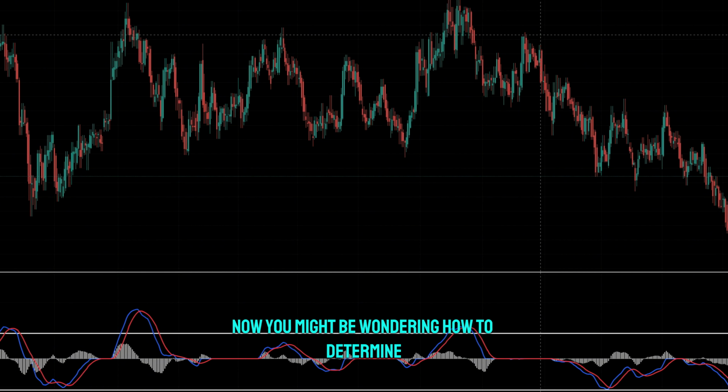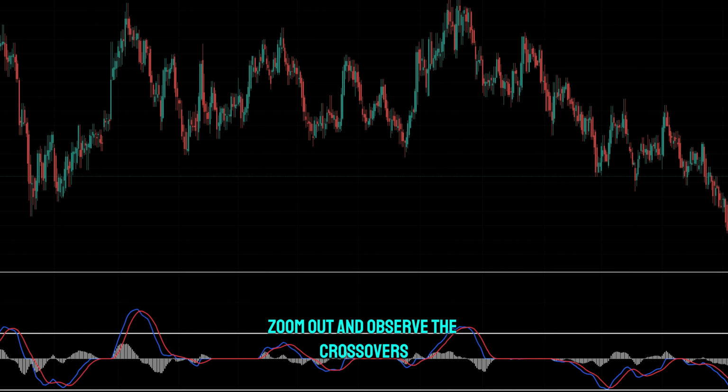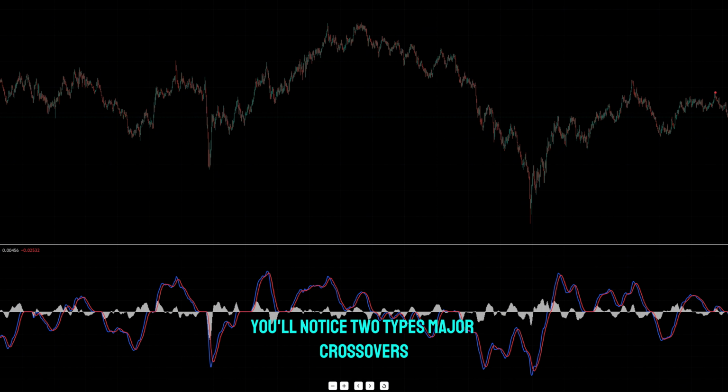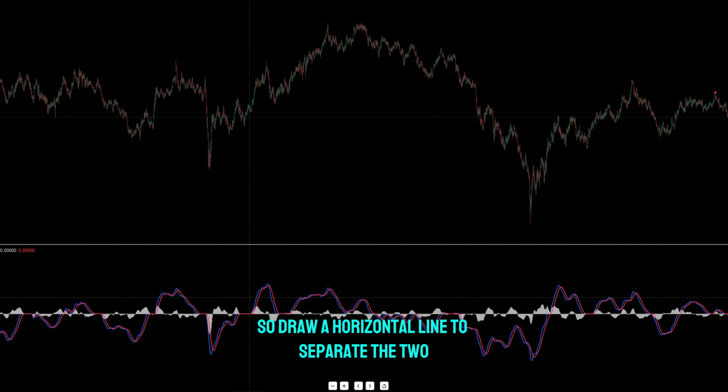Now, you might be wondering how to determine the exact placement of these lines. Here's how. First, zoom out and observe the crossovers. You'll notice 2 types: major crossovers, which happen further from the middle line, and minor crossovers, which occur closer to the middle line. We want to focus on the major crossovers, so draw a horizontal line to separate the two.